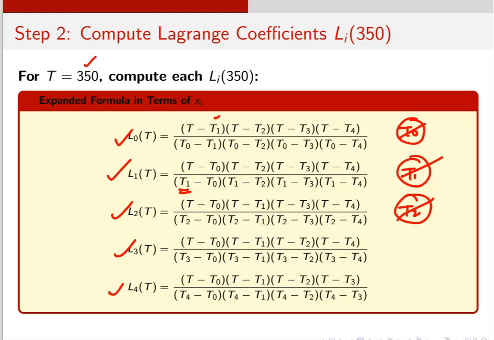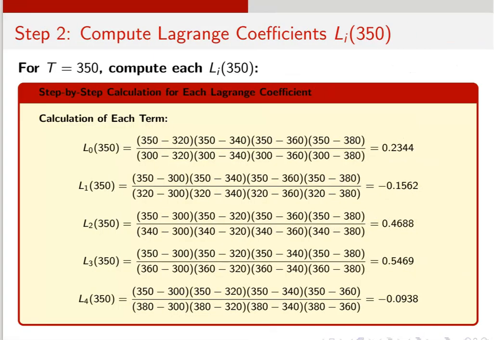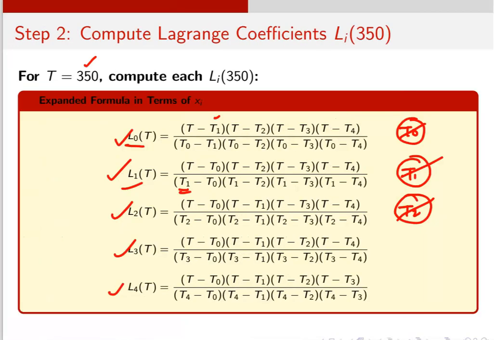Now we have to substitute all the data and calculate the different coefficients. T is nothing but 350, and all the other data are given.